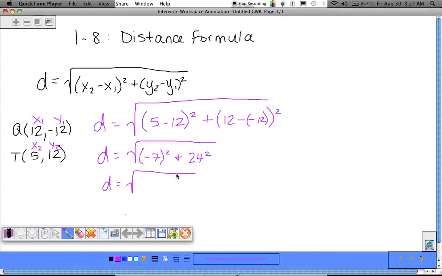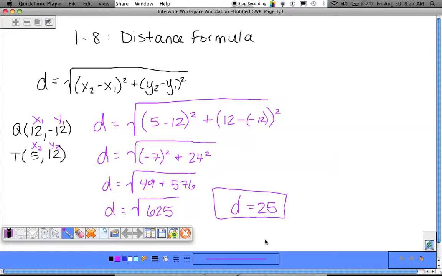So we know that negative 7 squared is 49, and 24 squared is 576. 49 plus 576 is 625, so our distance should be 25.